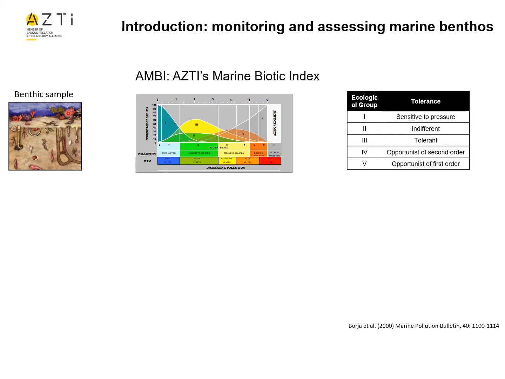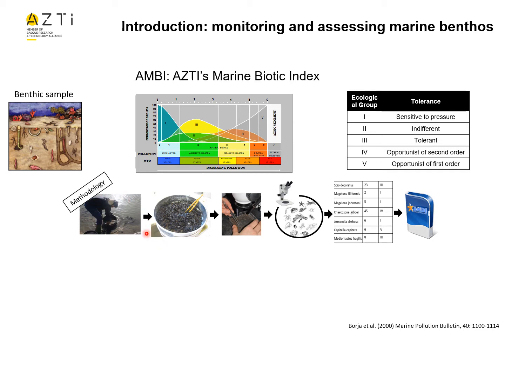You can assign each of the species in the sample to one of the 5 ecological groups based on the tolerance of a species to the disturbance, from sensitive to opportunistic species, and looking at the proportion of each of these ecological groups, you can calculate a number between 0 and 6, in which 0 is the high ecological status and 6 is the worst ecological status.